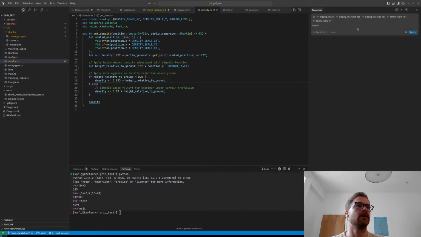Do you have any suggestions for math operations to use in the get density function to improve, to make the world look a bit more realistic?